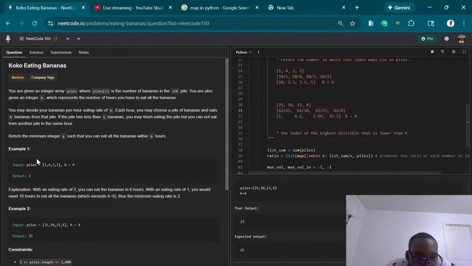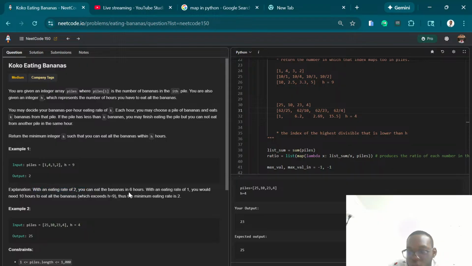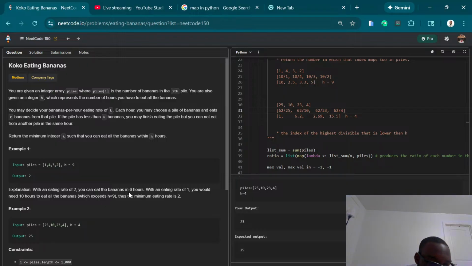That's what I don't get, is when they say with an eating rate of 2, you can eat the bananas in 6 hours. How? The only thing that has to do with 2 and 6 is not 12. How are they even getting that?